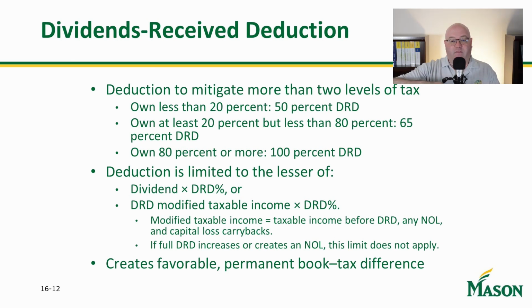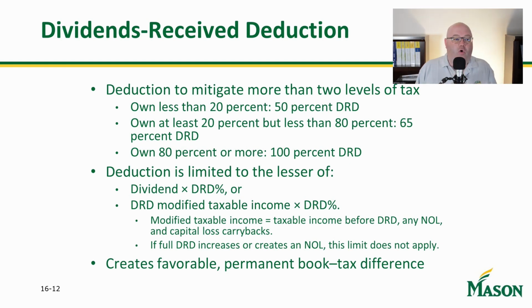If I pay out a dividend of $100,000, it goes all the way down, and then another $100,000, and so on and so forth. You see how you can get triple, quadruple, quintuple layers of taxation.